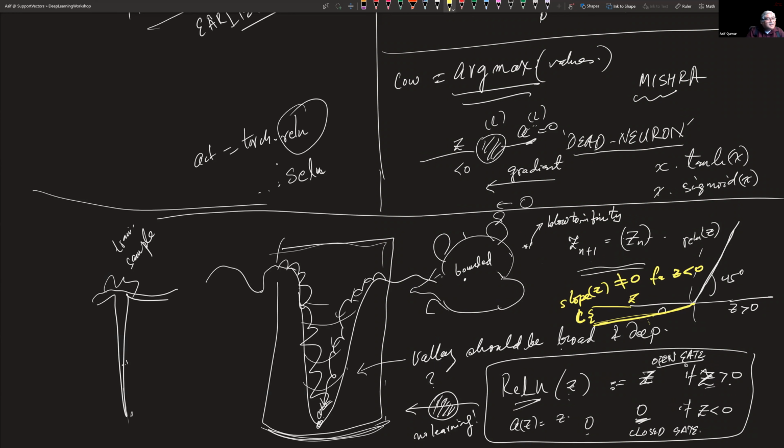C. Well, it turns out that you can make C itself a parameter of the learning. You can find out what is the best value of C. How much slope should you give to have the best learning? When you do that, you have the parameterized leaky ReLU. Are we together so far, guys?